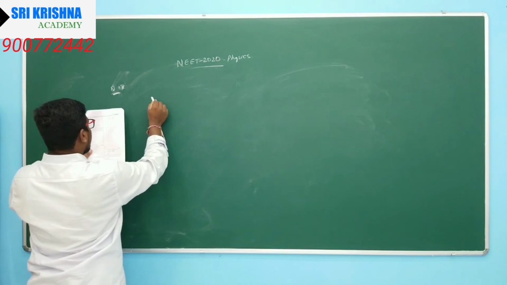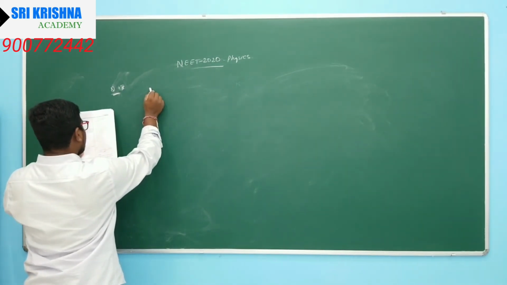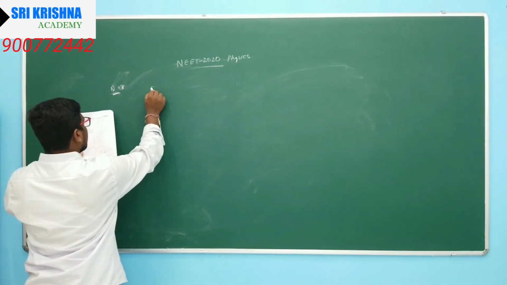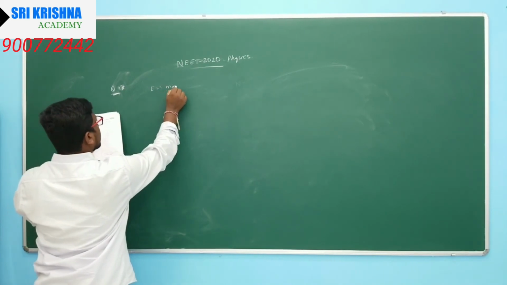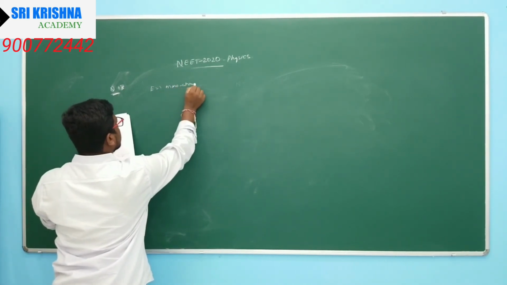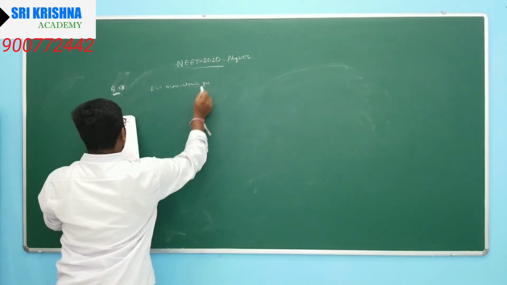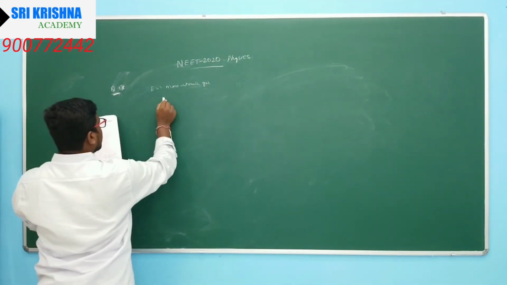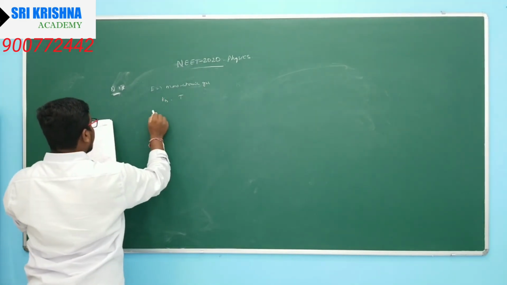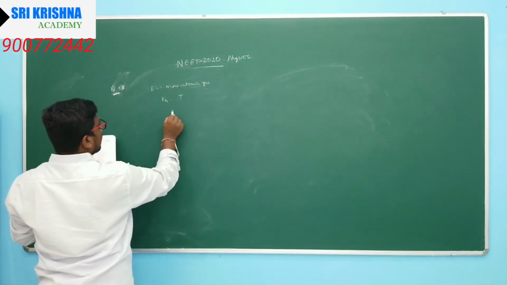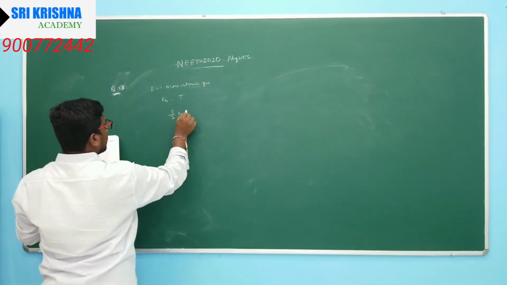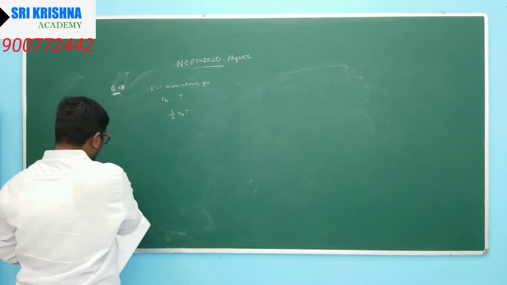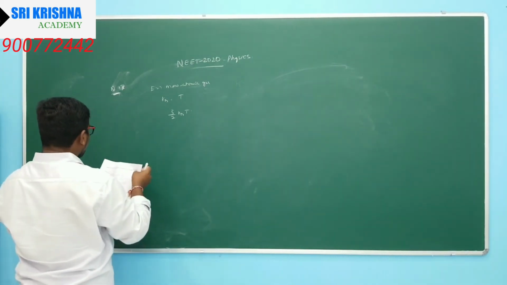What is the thermal energy for a monoatomic gas? It is a concept based question. Given the Boltzmann constant and temperature, the thermal energy is 3/2 kBT. That's all.